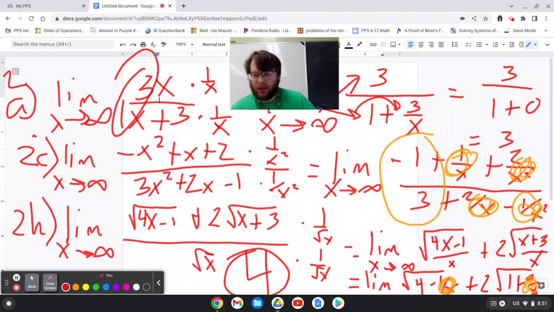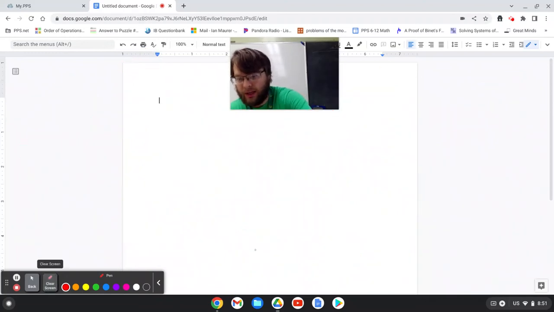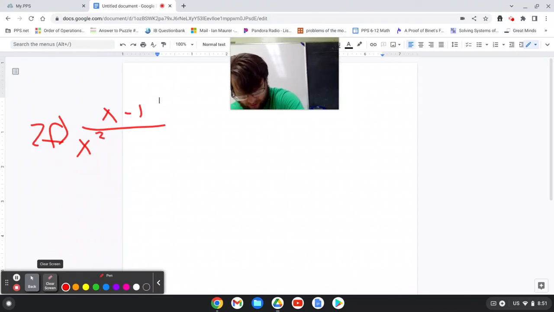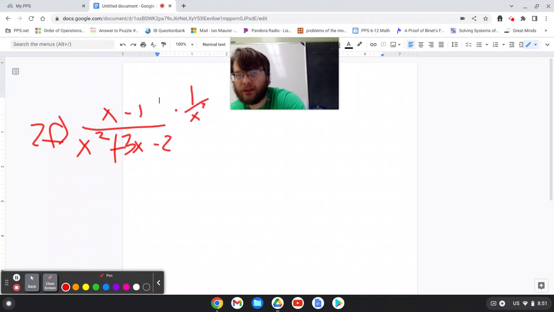The only other example that I really should show is one where the denominator has a higher degree. So maybe 2f, where we're looking at x minus 1 over x squared plus 3x minus 2. I'll multiply by 1 over x squared on the top and the bottom.